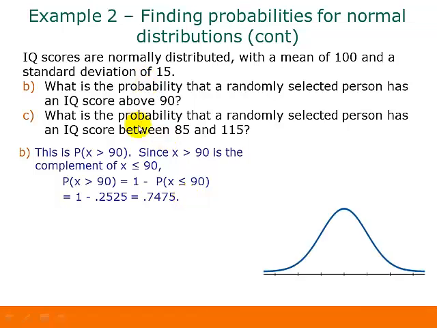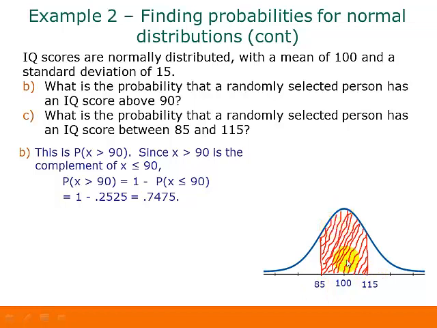Part C asks, what is the probability that a randomly selected person has an IQ score between 85 and 115? So here's our picture with our three values labeled, and it just so happens that 85 is exactly one standard deviation below the mean, and 115 is one standard deviation above the mean.